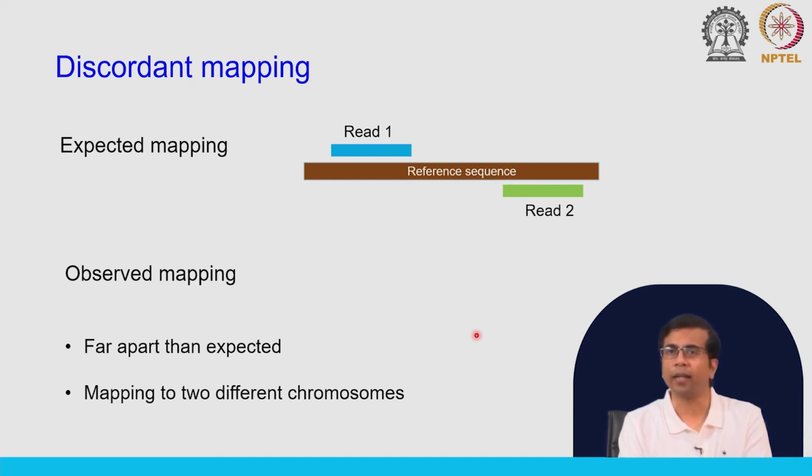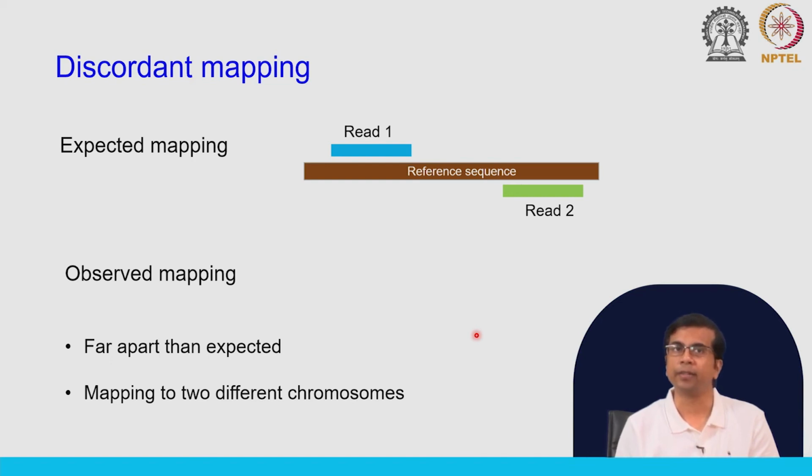That is very unlikely, because when you generate the library, we do not have fragment lengths of 10,000 bases. Or worse, they map to two different chromosomes altogether, which is again not likely to happen.